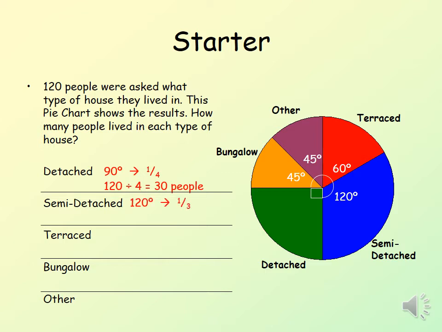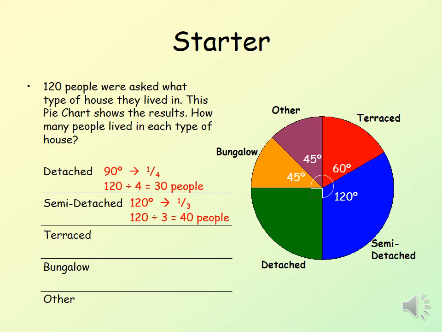The next one is 120, and 120 is a third, so we need to find a third of 120, which of course is 40.